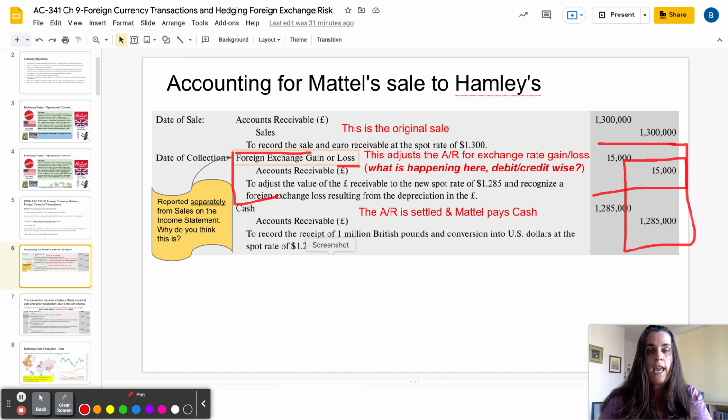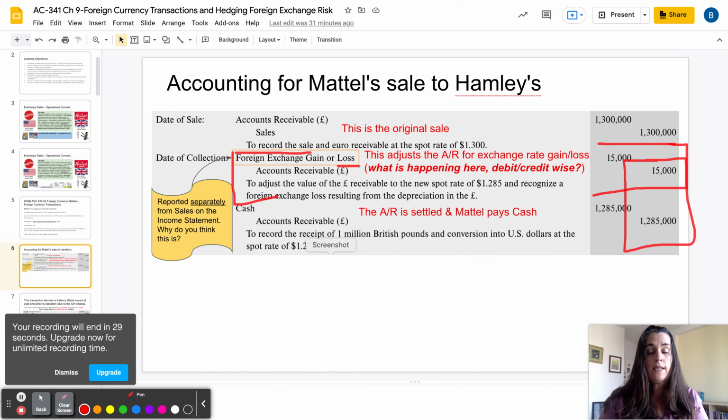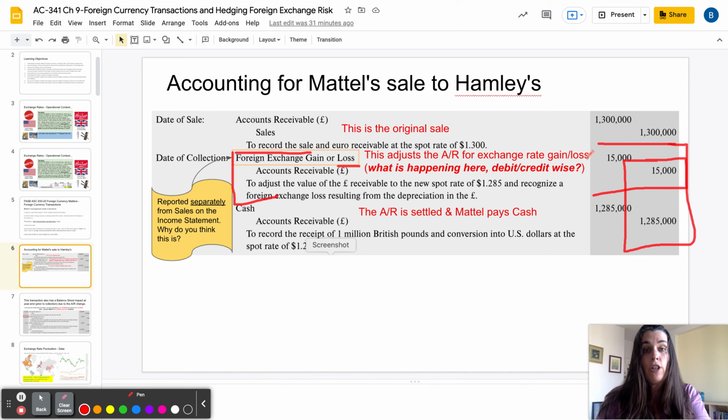Whether it's a foreign exchange gain or loss depends on whether the cash payment was more or less than what we originally anticipated. In this case, because we're receiving less cash than we anticipated, we have a loss, so we have a debit here of $15,000. If the exchange rate moved in a way where we received more than $1,300,000, then we'd have an exchange gain.